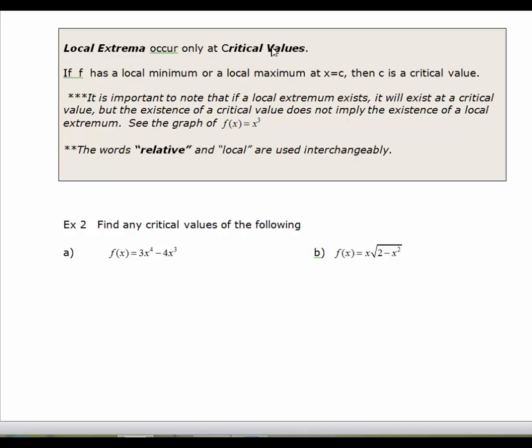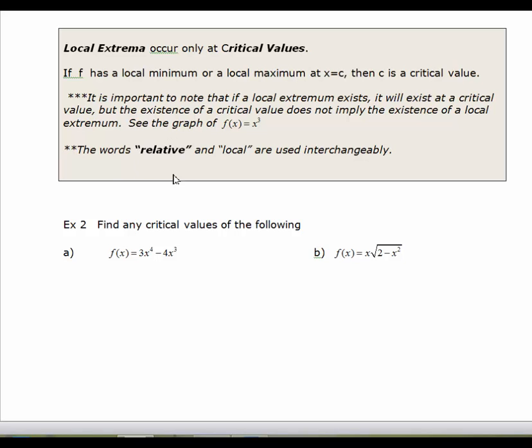But it does mean that if you have a local extrema, it has to occur at a critical value. And a little side note, extrema is the plural and extremum is the singular. So this statement: if f has a local maximum or a local minimum at x equals c, then c is a critical value.